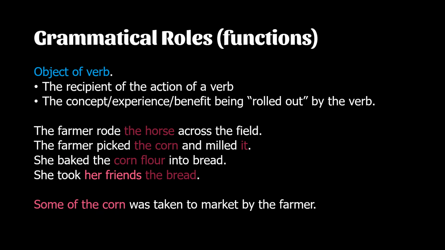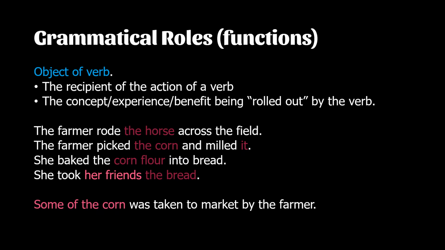The next grammatical role that we're looking at is again one that is assigned to nouns and noun phrases, or gerunds, or infinitives. So the object of the verb is this important role. So the object of the verb is the recipient of the action of the verb.